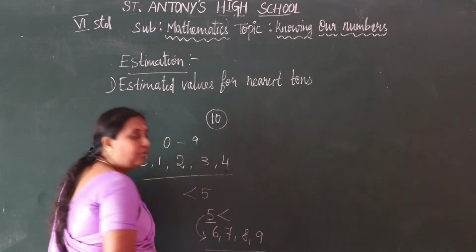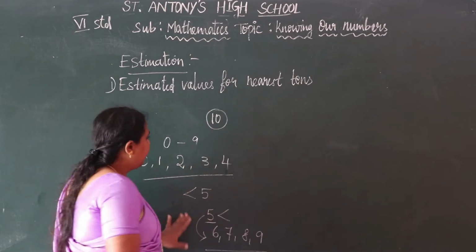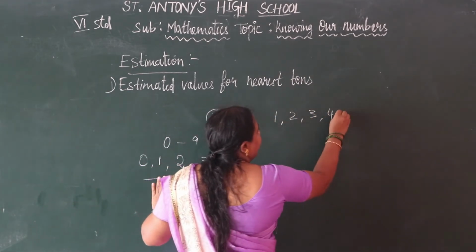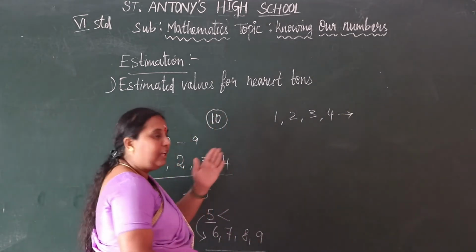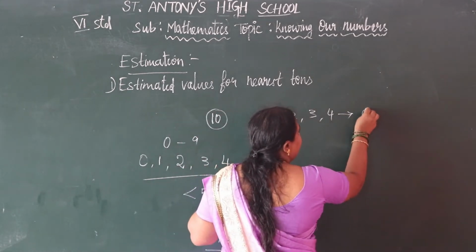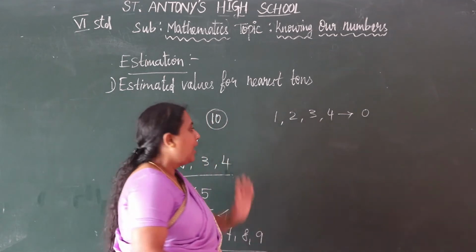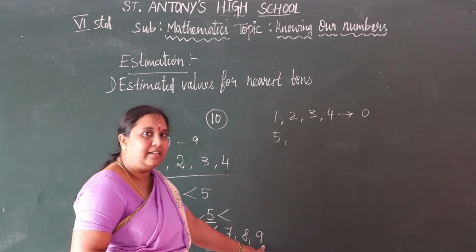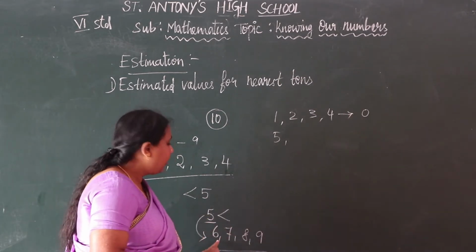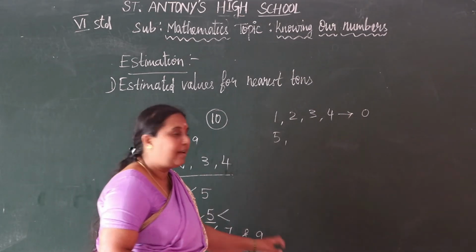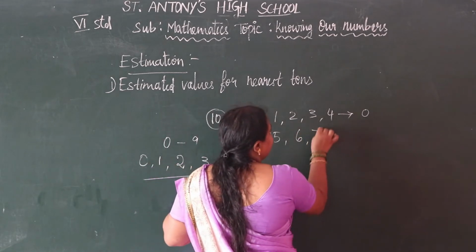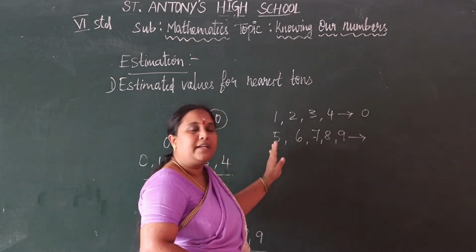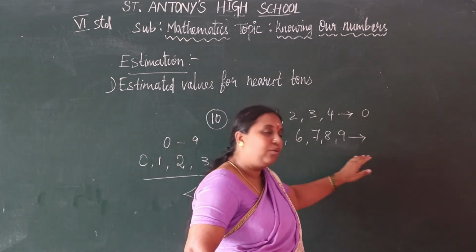So we are taking two rules. 1, 2, 3 and 4 come nearer to 0, so we can round off to 0. And 5 is also included with 6, 7, 8, 9. So 5, 6, 7, 8 and 9 are all combined and nearer to 10.